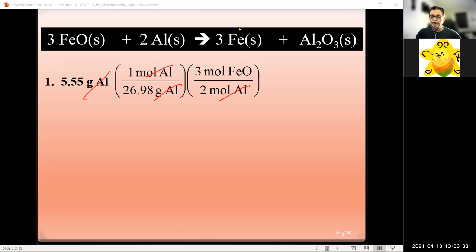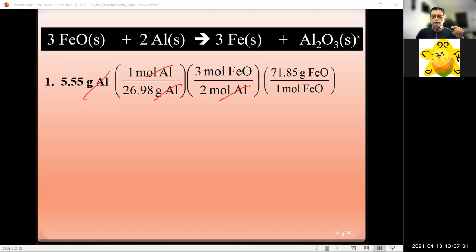Okay, keeping track of my units. At this point, if I just stop the math, I have moles of iron 2 oxide, but I need to get to grams. So now I need the molar mass of iron 2 oxide. If you add up the atomic weight of iron and oxygen, it should come up to 71.85 grams per mole.